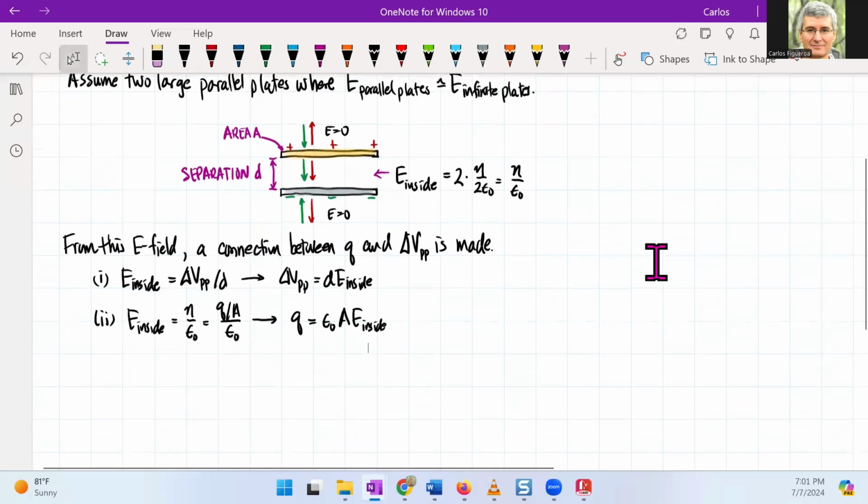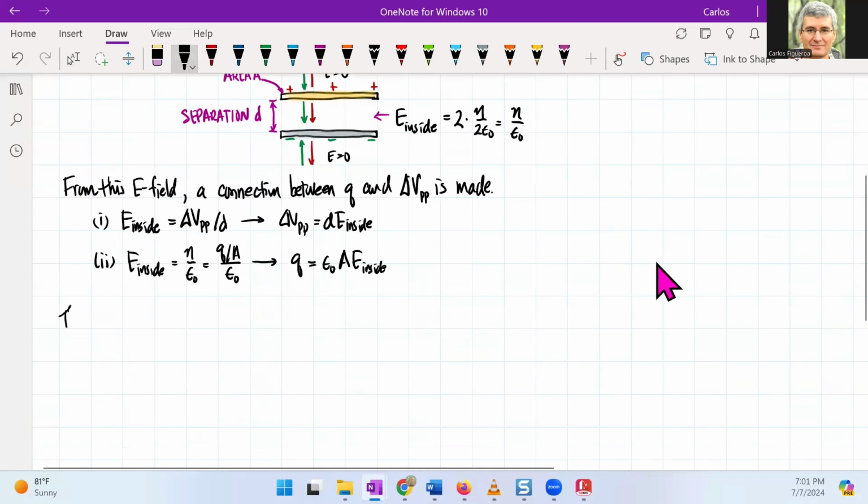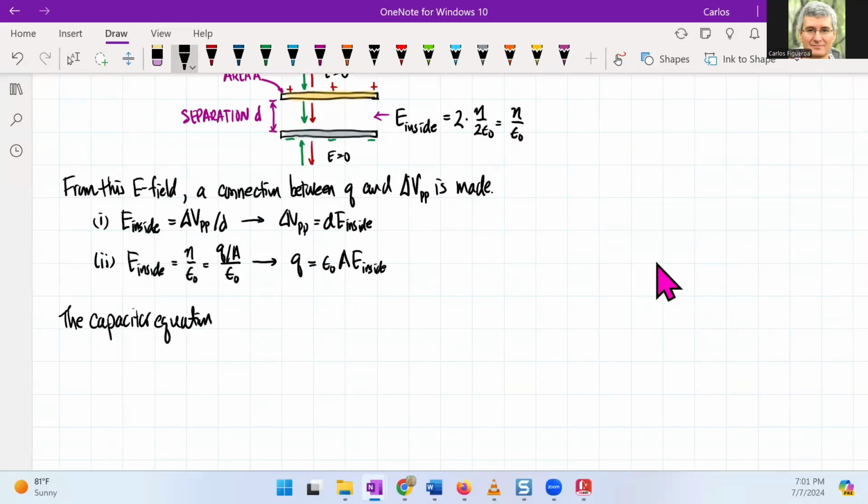Now, the capacitor equation shows that the capacitance is the charge divided by the voltage.